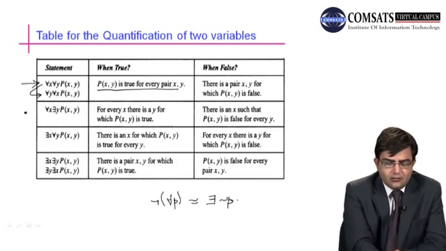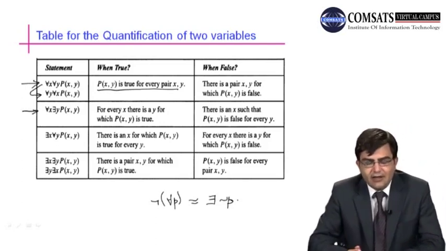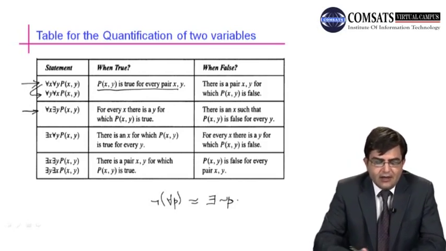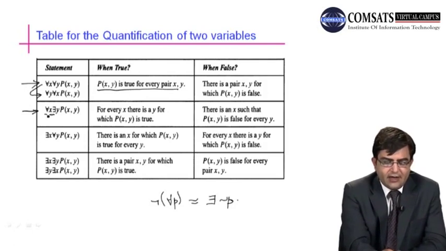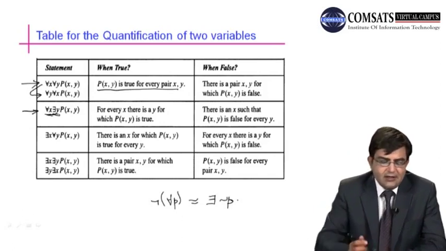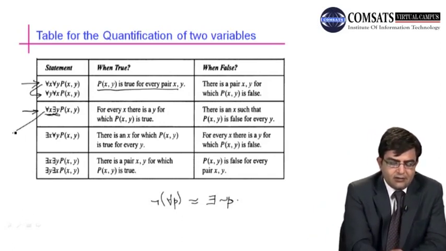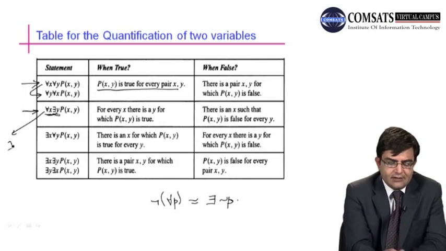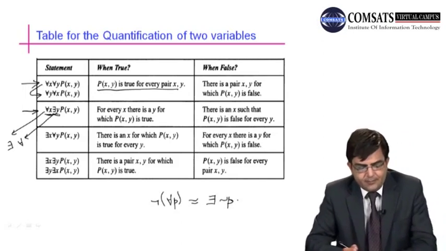Now here we have to be very careful to decide when this statement will be true and when it will be false. Here we have universal quantifier for x and existential quantifier for y. So here for every x there exists y for which P of xy is true. Now in the negation, the universal quantifier will be converted to there exists and the existential quantifier will be converted to for all.